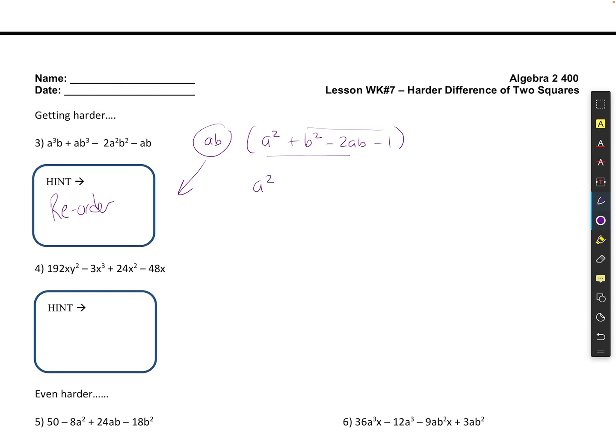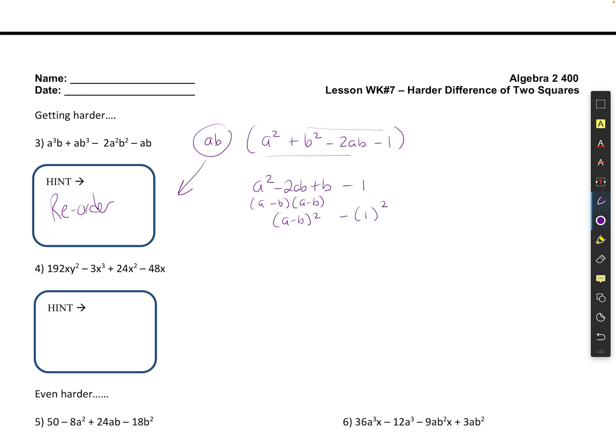My perfect trinomial, a squared minus 2ab plus b squared, minus 1. This breaks down into, obviously, 1 squared. And if I FOIL this, a minus b times a minus b, for a minus b squared.